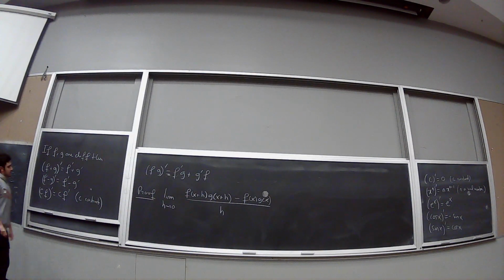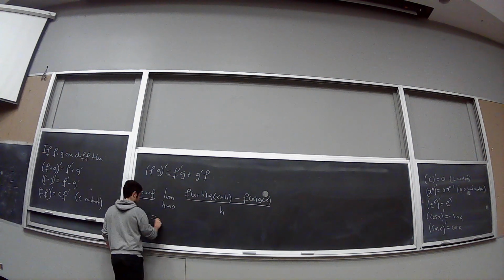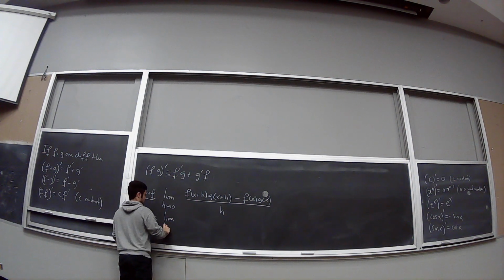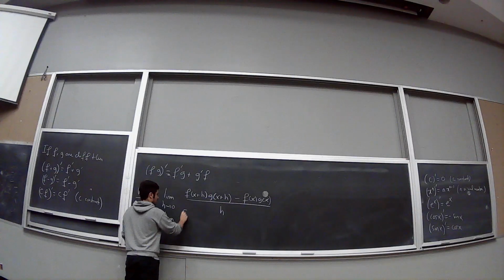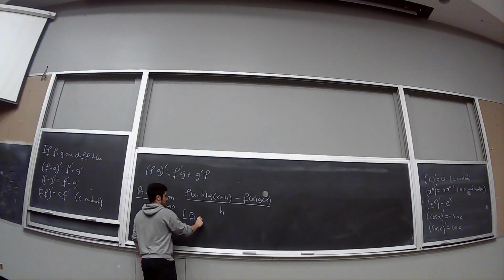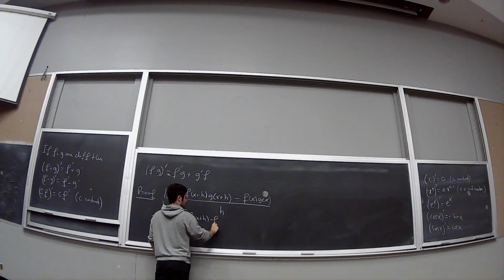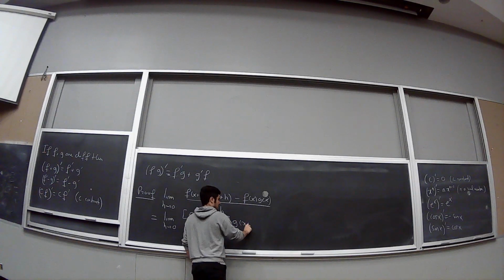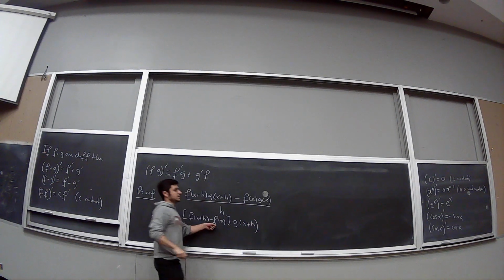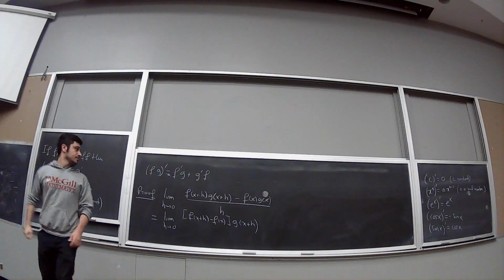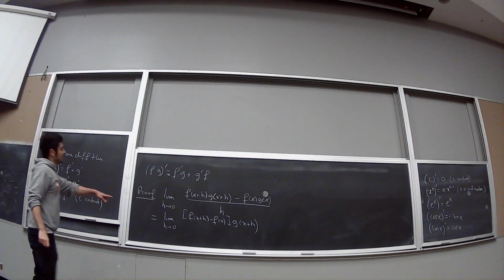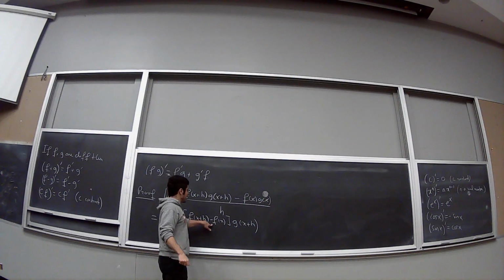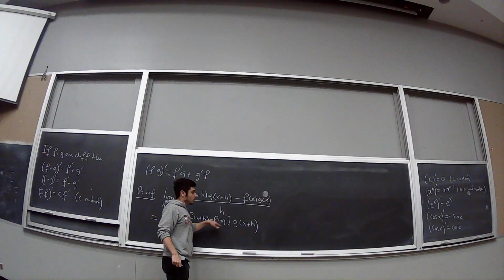Well, let me try one thing here. I will let an extra f of x appear here. Now, if I subtract f of x times g of x plus h on this side, what should I be adding?